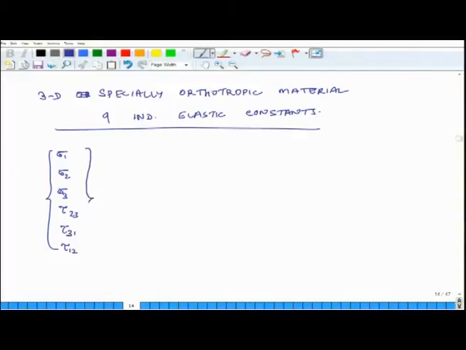So, these are 6 engineering stresses and they are related to a big matrix which is of size 6 by 6, and the strains are epsilon 1, epsilon 2.